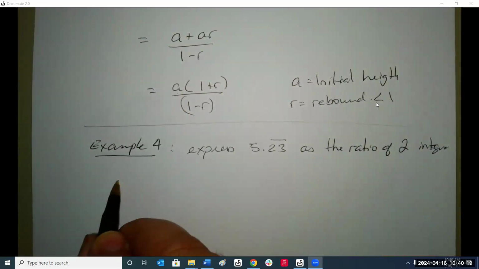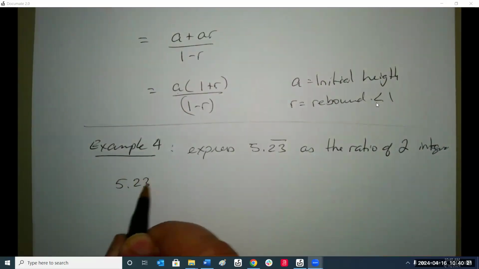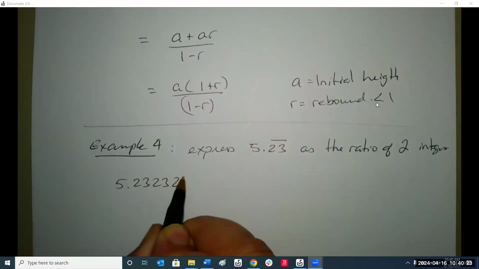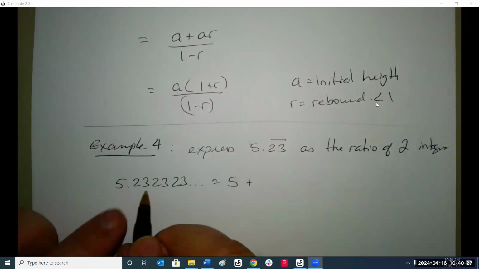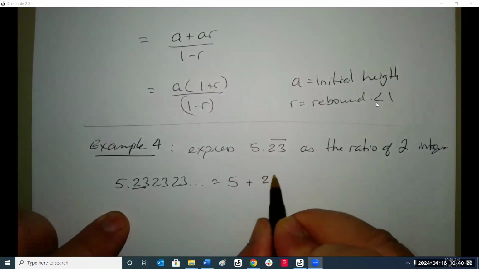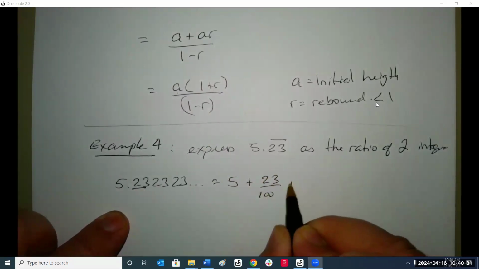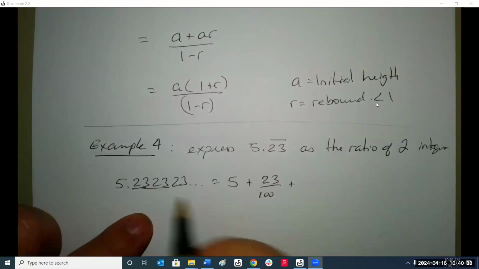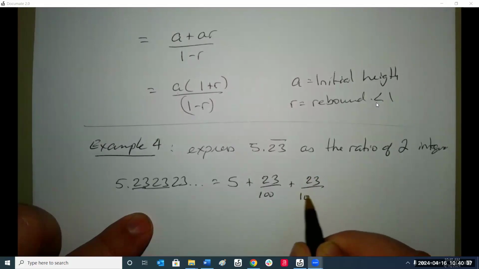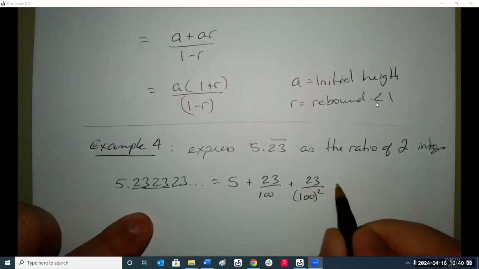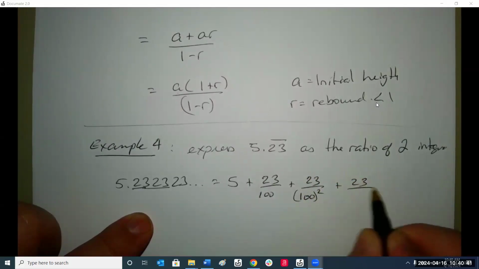So what do we have? 5.232323 is equal to 5 plus 23 over 100, since these happen in pairs of 2, plus 23 over 100 squared, plus 23 over 100 cubed.